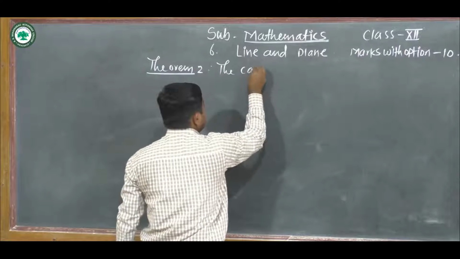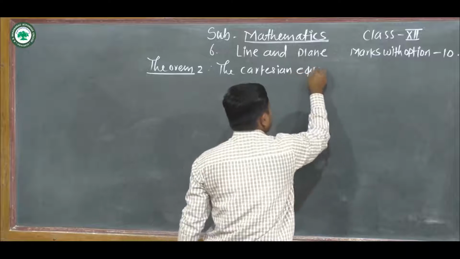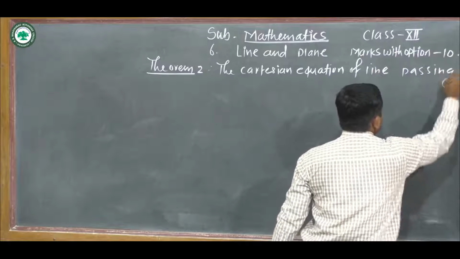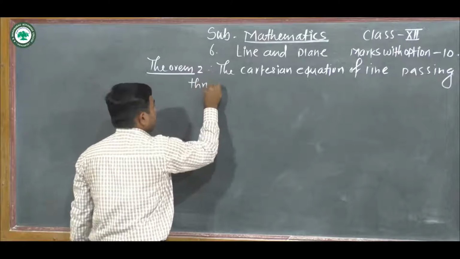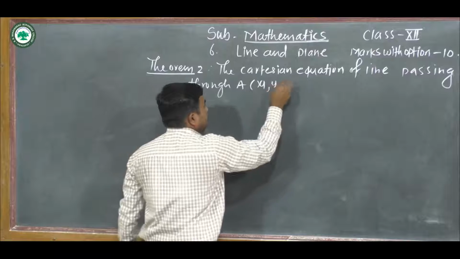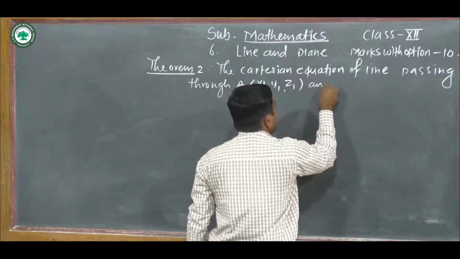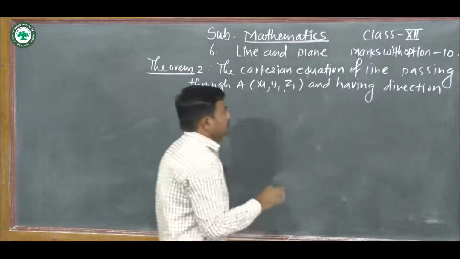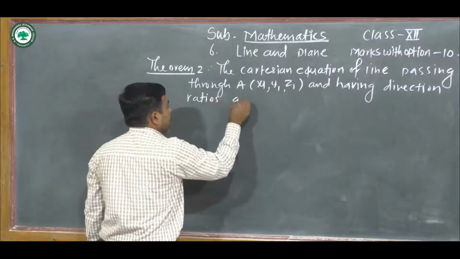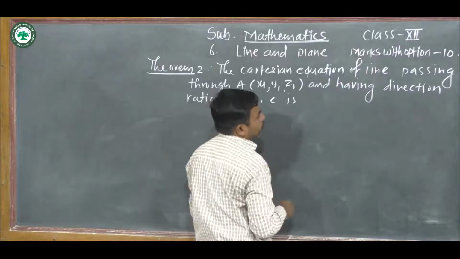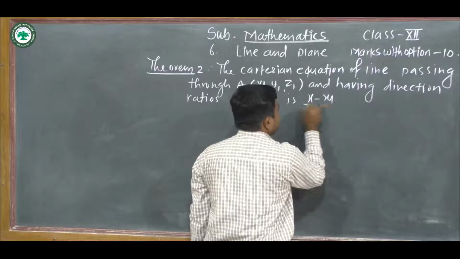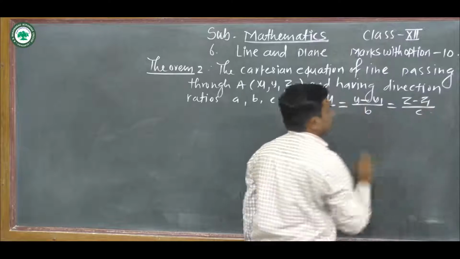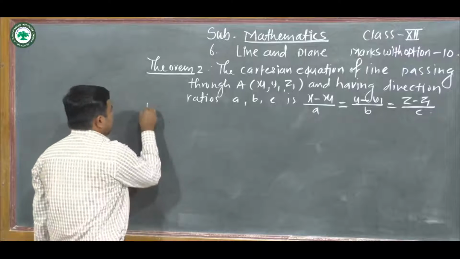So the Cartesian equation of a line passing through capital A, x1, y1, z1 and having direction ratios a, b, c is (x minus x1) upon a is equal to (y minus y1) upon b is equal to (z minus z1) upon c.